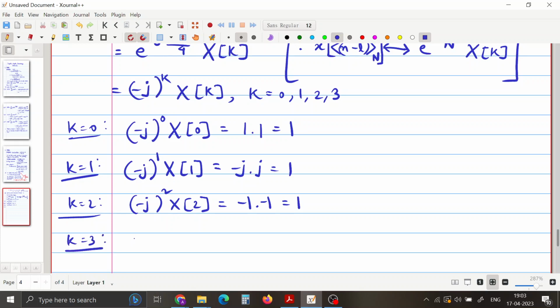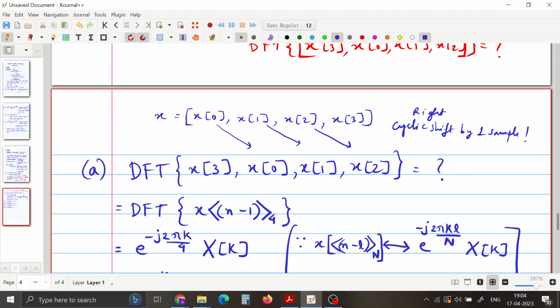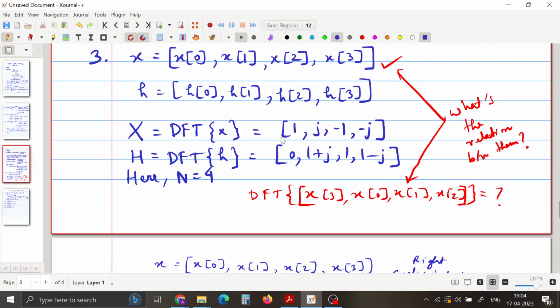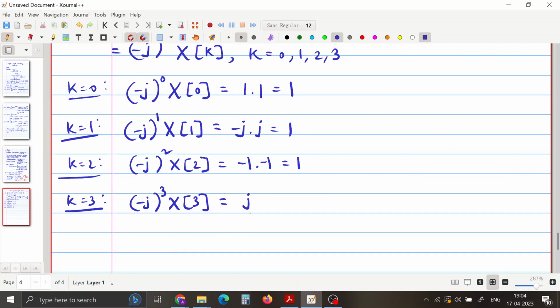Finally, for k equals 3, minus j whole cubed is j, and cap X of 3 is the last element of the DFT, which is minus j. j times minus j, so this is 1.